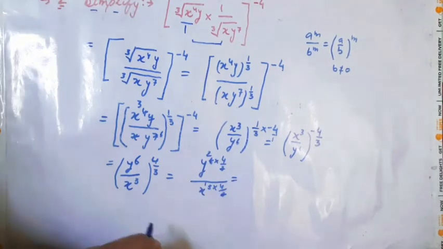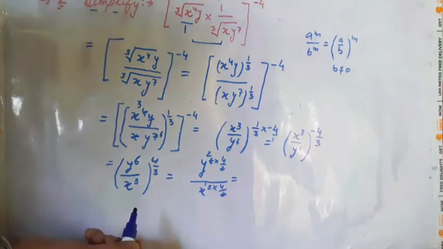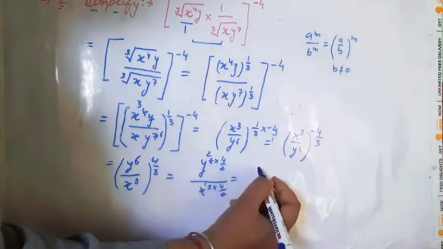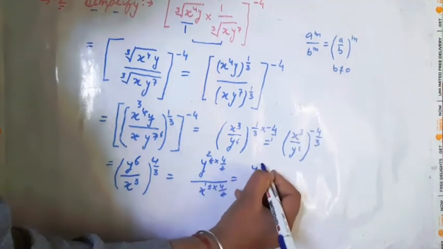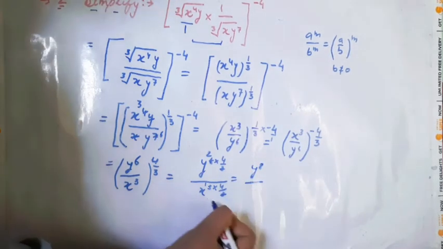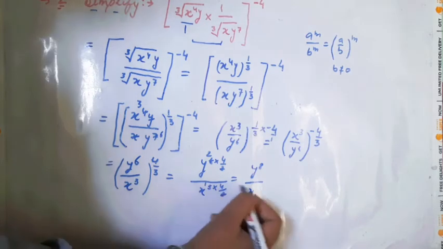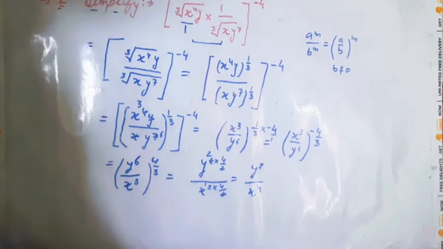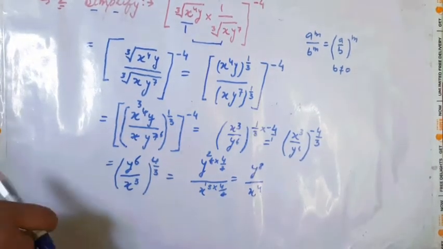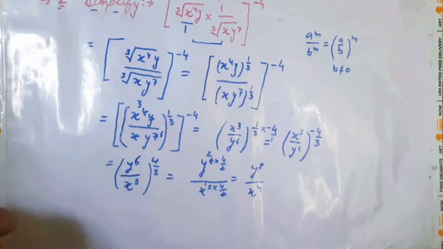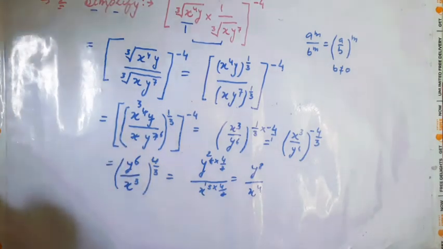So the simplified form is y raised to power 2 fours are 8 whole upon x raised to power 4. Ones are 4. So this is your simplification of given expression.